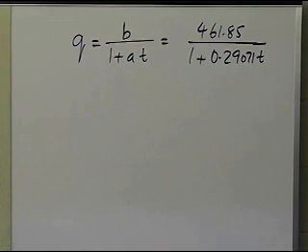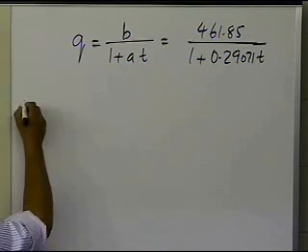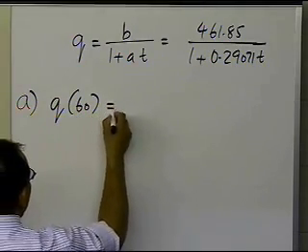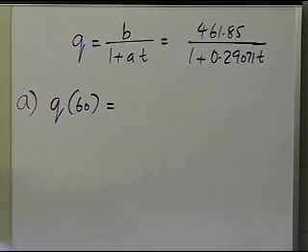So the two questions which were asked of me were to find out what the production will be at 60 months, and at what time the production will be 20 barrels per day, so that you can figure out when to abandon the well. If you look at part A, we want to find how many barrels per day are being produced at 60 months.